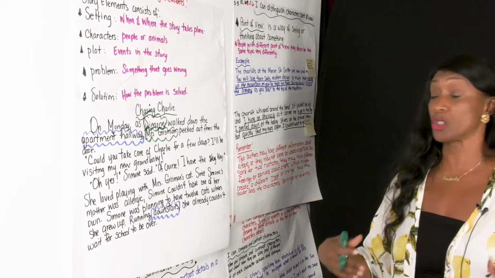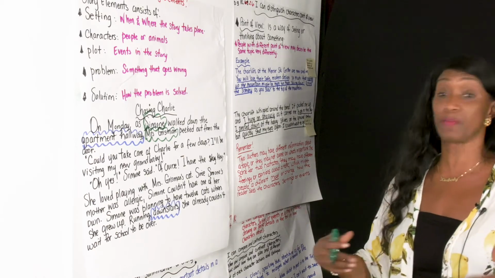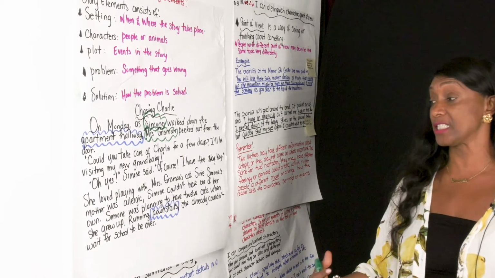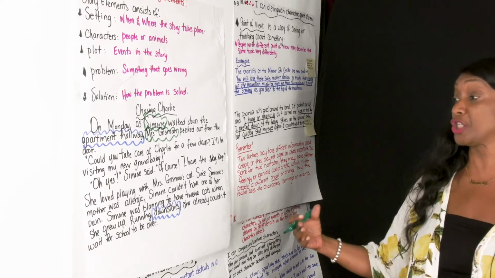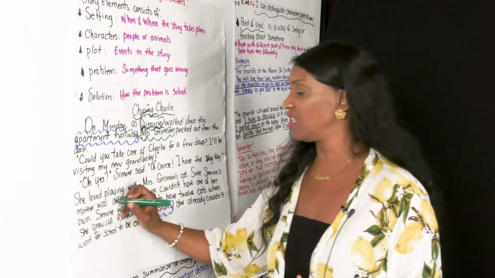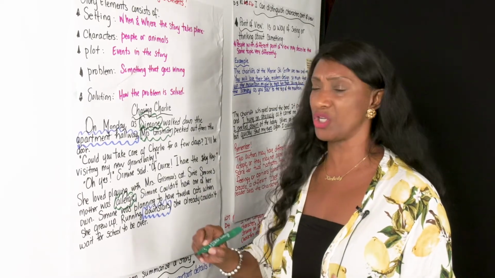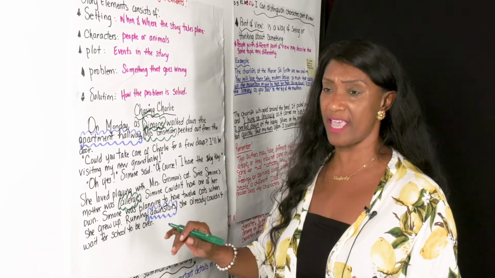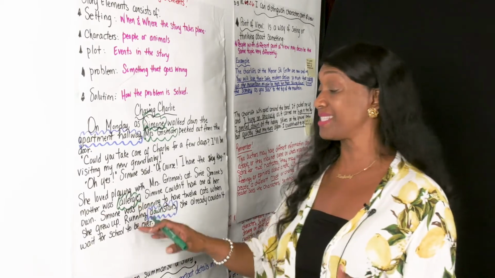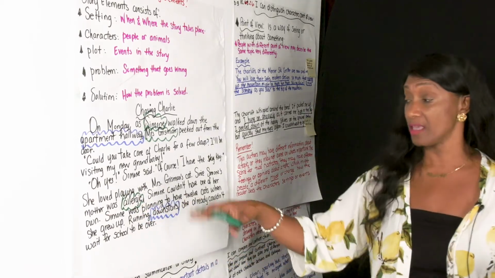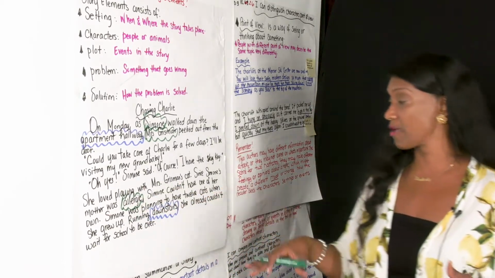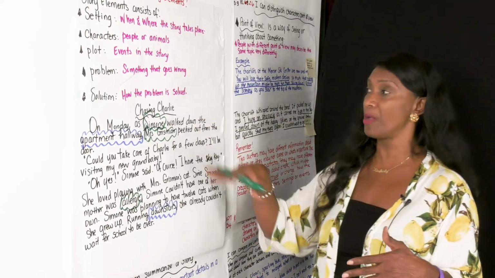And Simone was so excited to watch the kittens because Simone couldn't have any because her mom was allergic. What is the meaning of that word, allergic? Did I hear someone say that it made her sick? You are so right. Allergic means that she couldn't stand to be around them. It gave her some health issues. So those things there, those are the plot.